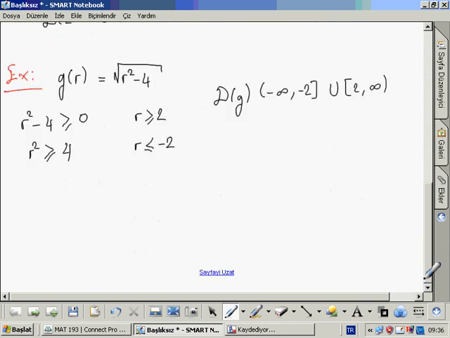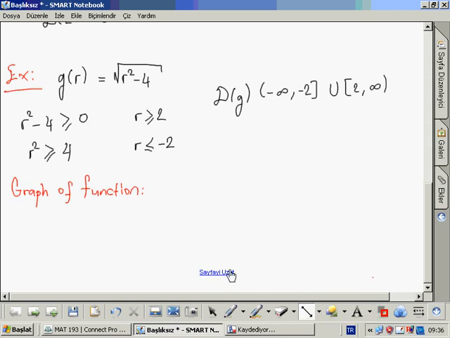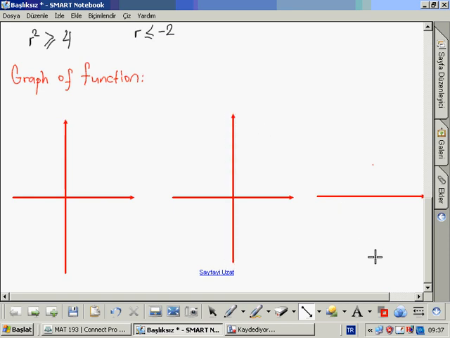Okay, and let's continue with sketching some graphs of functions. A Cartesian coordinate system has just been drawn here, and these are some special graphs, and you will learn these graphs in the next lecture hours.